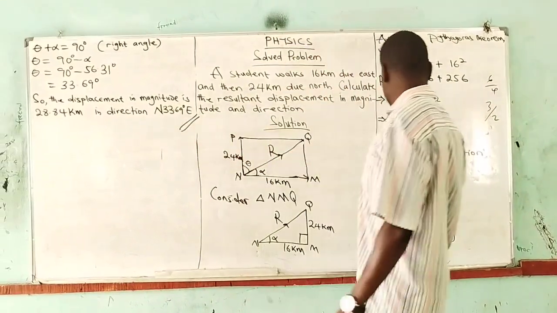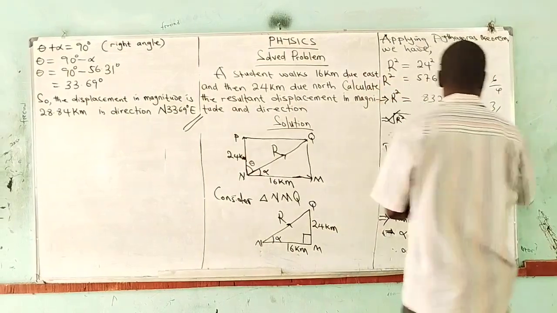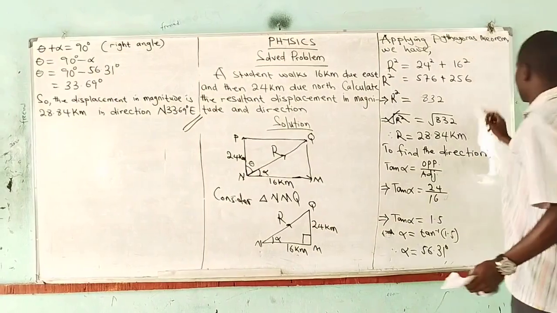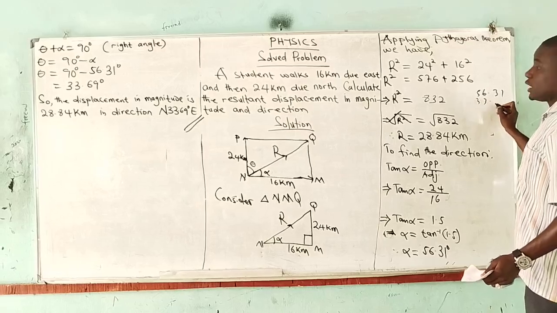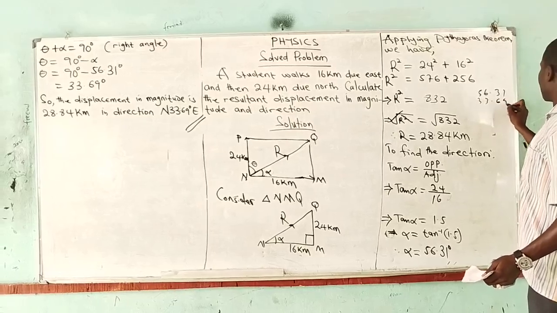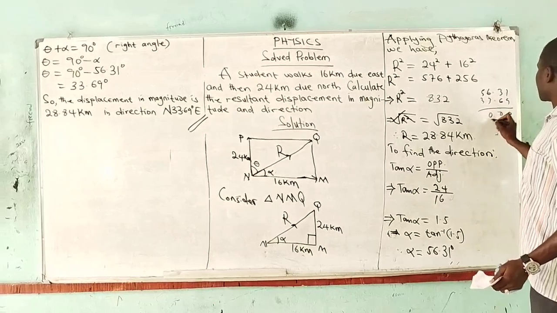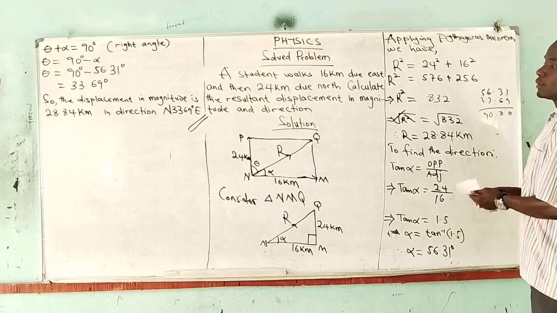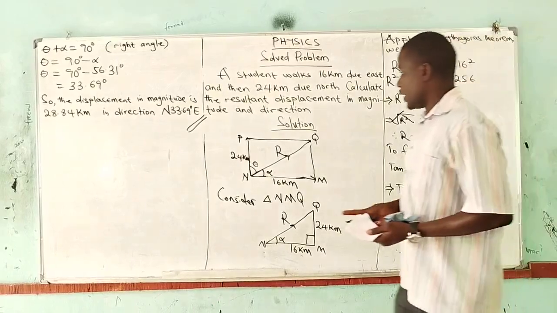If you add 56.31 and 33.69, you get 90. So here we come to the end of this problem.